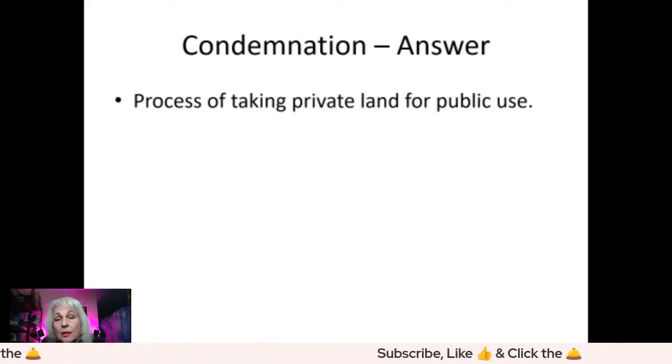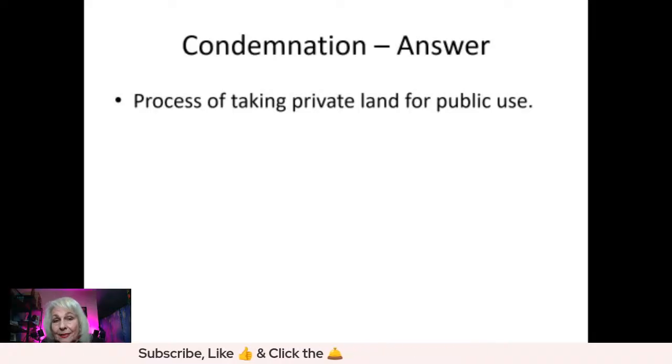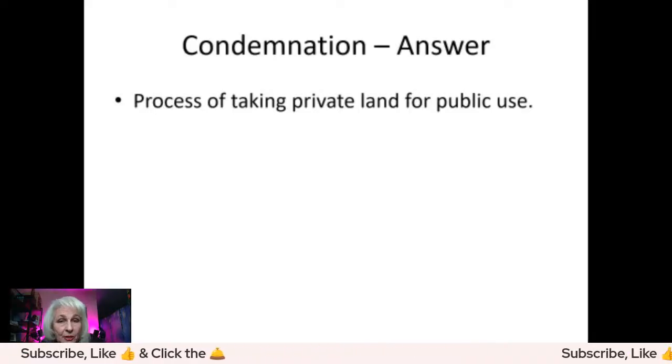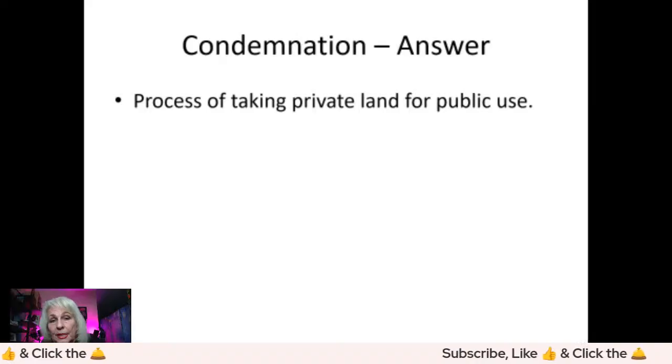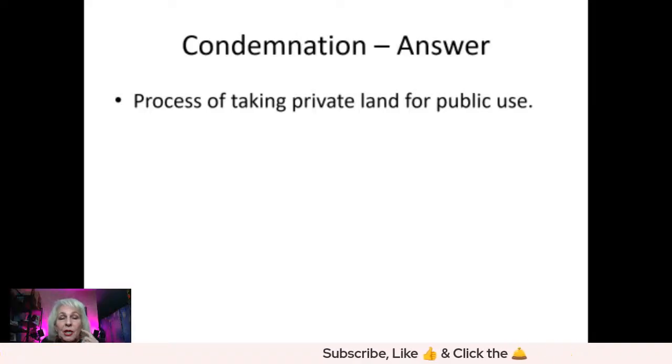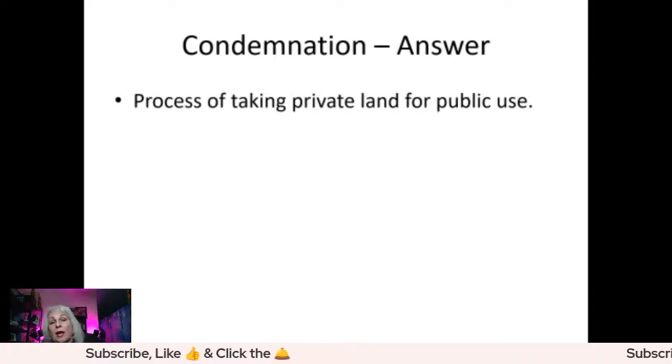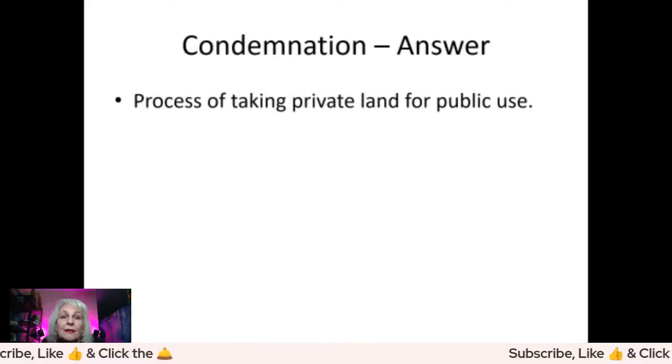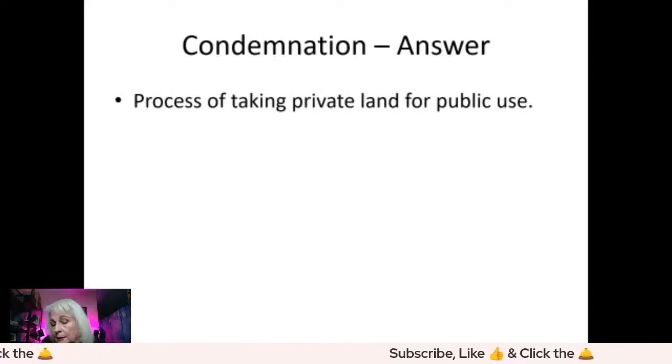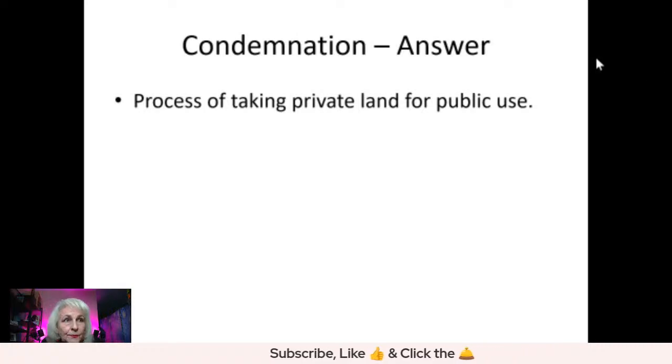And the owners, yes, they can go against it with inverse condemnation. However, eventually it becomes part of the public use with a price that is paid that is satisfactory to the owner and also the government.